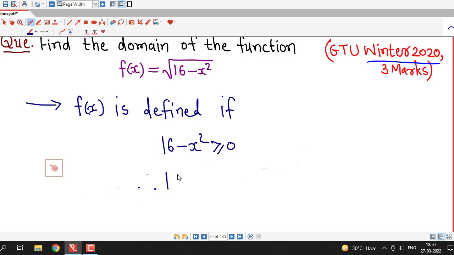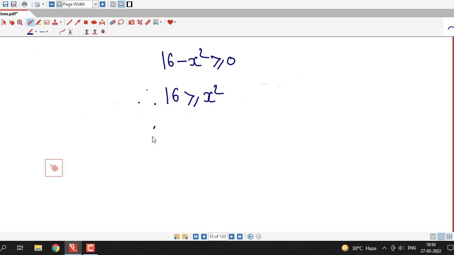Therefore we can rewrite this as 16 is greater than or equal to x square, or x square is less than or equal to 16.